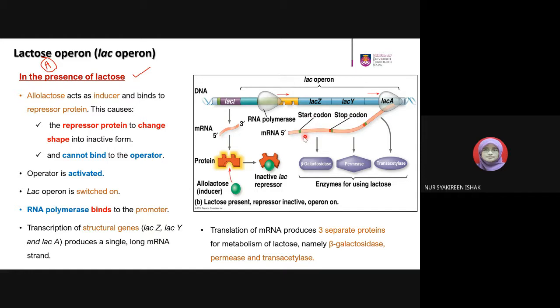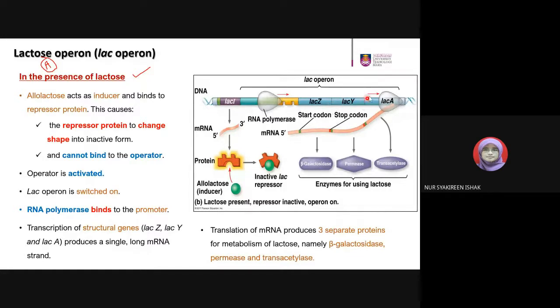So after you have produced a single mRNA here, setiap gene ni dia akan ada start and stop codon dia lah. So itu yang menentukan dia boleh hasilkan 3 enzim yang berbeza, bukan satu molekul yang menjadi 3 enzim kan. So it produces separate enzymes due to the presence of start and stop codons. Okay, setiap gene ni dia ada start and stop codon.